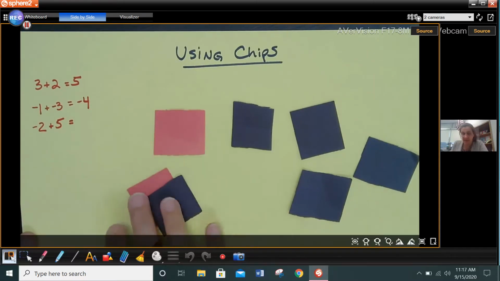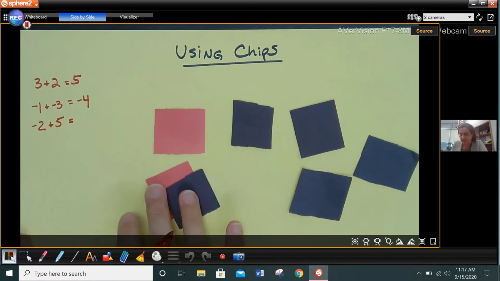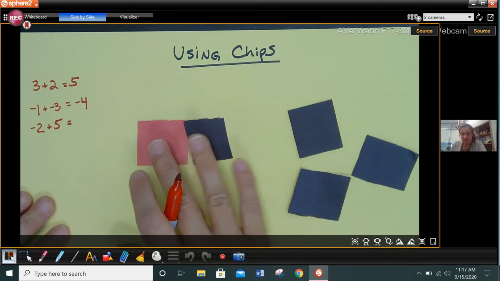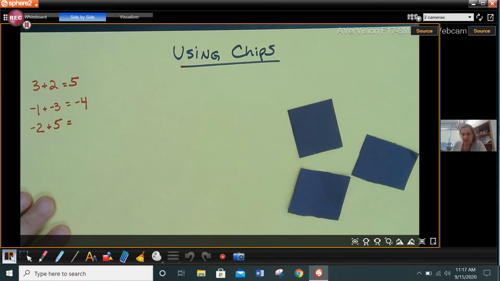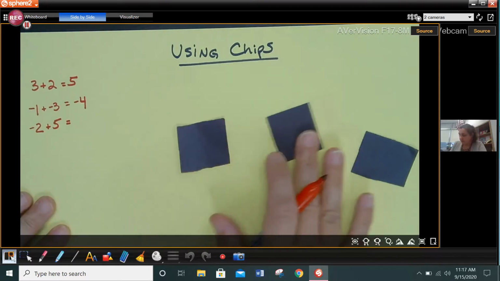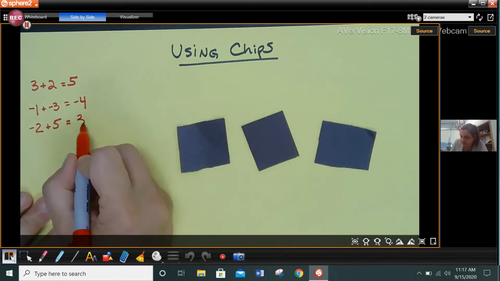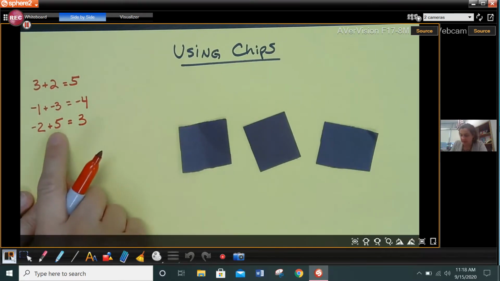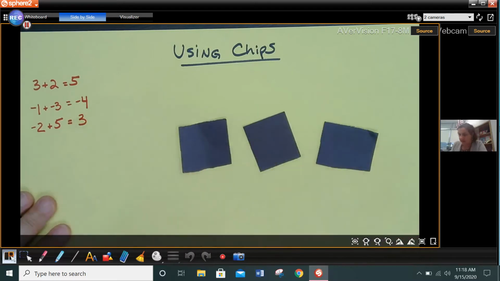So this is 0. Right here, what my fingers are on is 0. So I can take that off the board, and it doesn't change the value. This also is 0. This can come away. So now I'm left with 3 positives. So if I was $2 in debt, the first 2 of these 5 made those go away, and now I'm left with 3 positives.